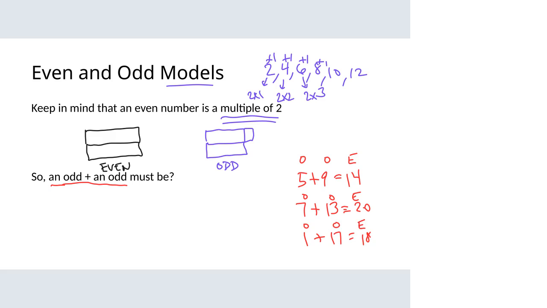But if you wanted to do it with a model, which may be more convincing than examples, because if you were talking to a group of children, they'd say, well, it works for those numbers, but I'm not convinced it works for all of them. Okay, well, let's do the model then. So if I take this odd number right here, that I know is odd because it's an even plus one more, and then I'm going to add to that another odd number.